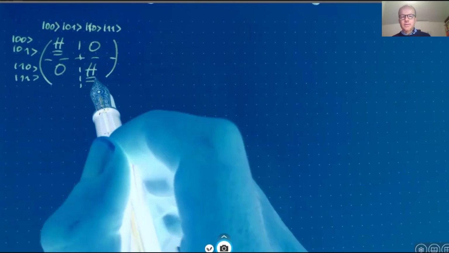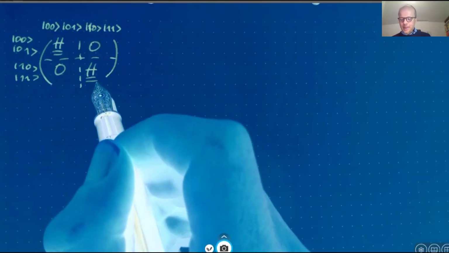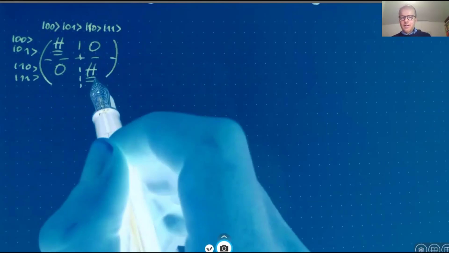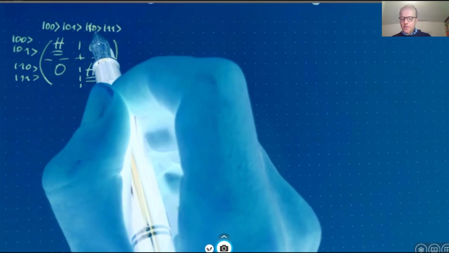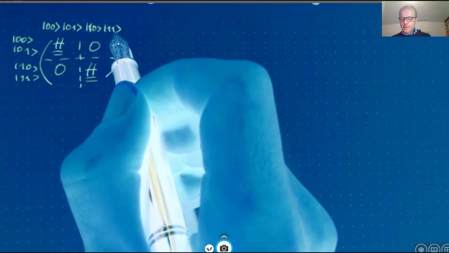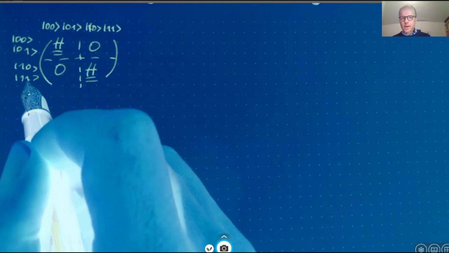And likewise, if we look at the matrix down here in the lower right, its effect lives in the subspace spanned by 1, 0 and 1, 1 and maps to the same subspace, 1, 0 and 1, 1.